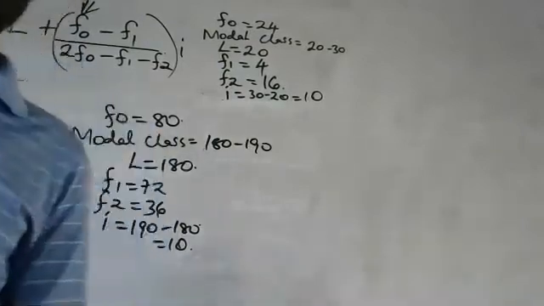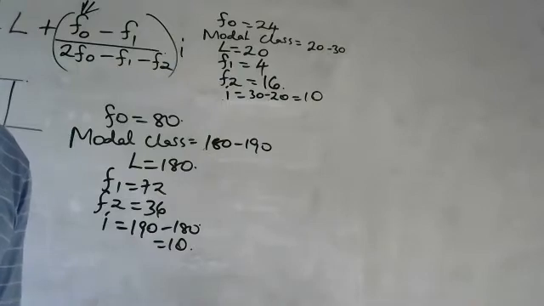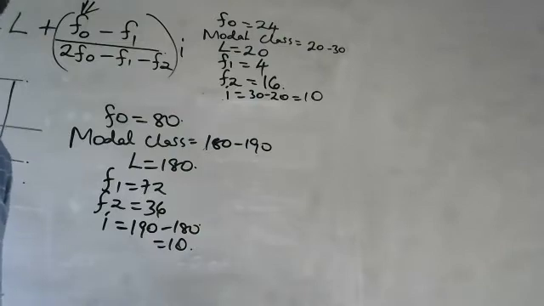So, having understood how we calculate the mean, median, and the mode, both for grouped data and ungrouped data, we don't have any other business to do with the measures of central tendency. We are done with the measures of central tendency, and therefore we need to proceed to the next area.